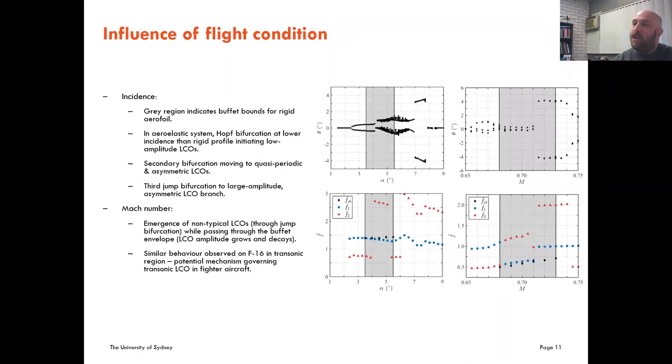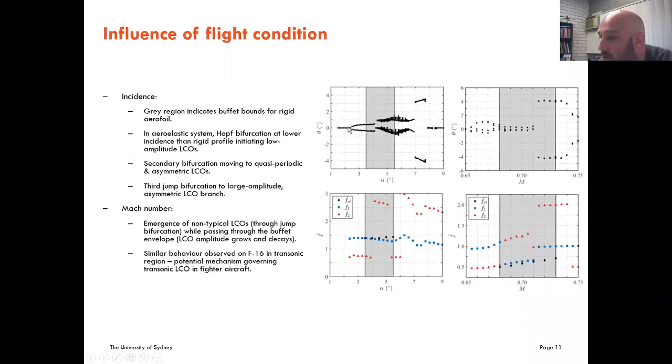But with all this, you can then look at the dynamical behavior with different angles of attack and Mach number and how these behave. You can see a standard Hopf bifurcation, and all these are driven by the nonlinearity, which is obviously driven by the aerodynamics.